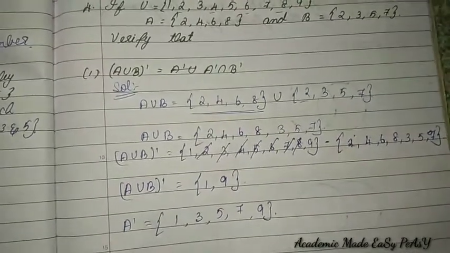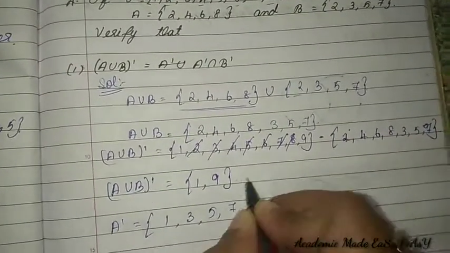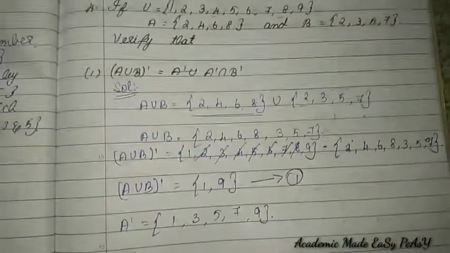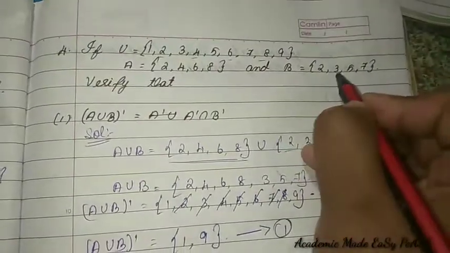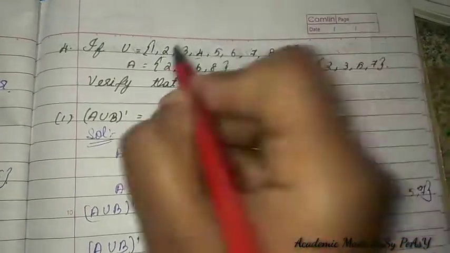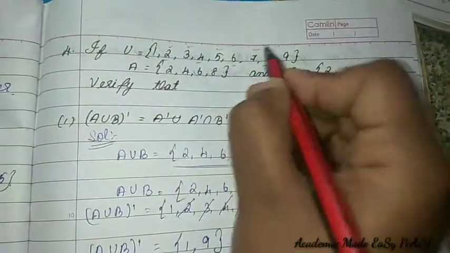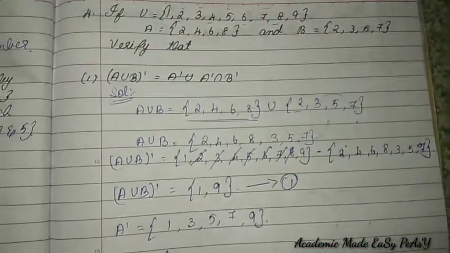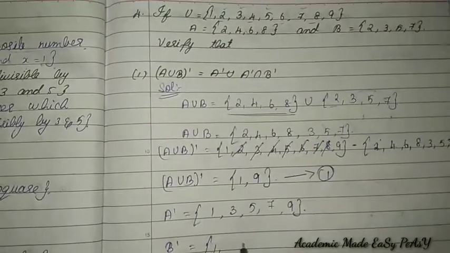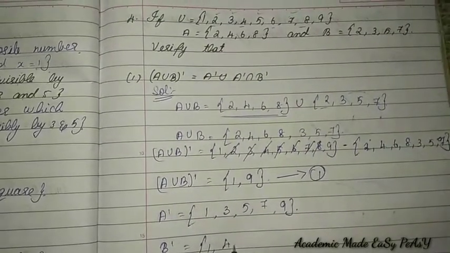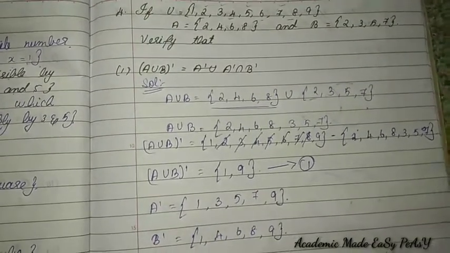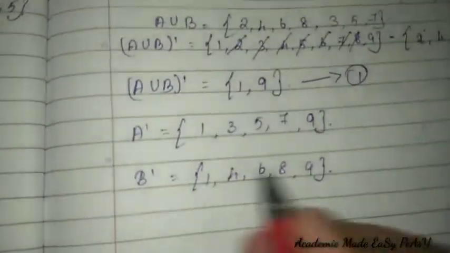So next what will be my B'? Let this be equation 1. Then my B' is equal to, 2, 3, 5, 7 is common over here. Leaving out all this, I will be writing the remaining answer. That is 1, 4, 6, 8 and 9. This is my required set.